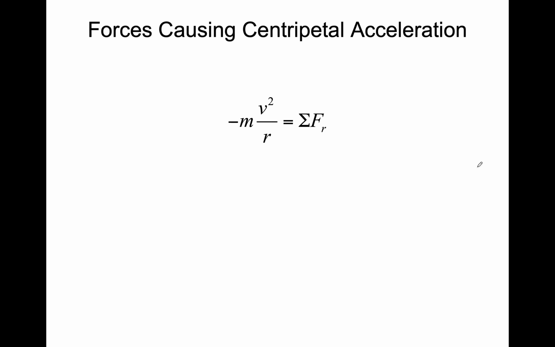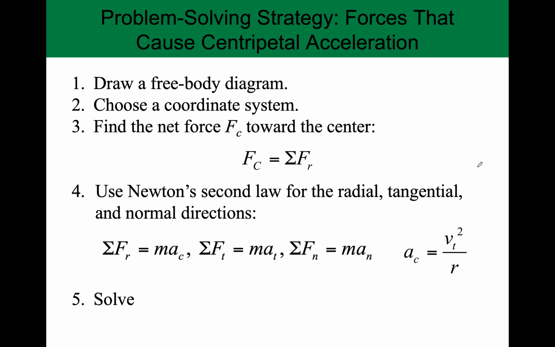So how do we solve problems with centripetal acceleration? We need to find the net force on this object. We need to do a free body diagram. We find all the forces acting on the object. We add them together as vectors. And the net force should always equal m times AC, m v squared over r. So we draw a free body diagram of our object, choose the coordinate system, and find the net force, which should always be pointing to the rotational axis.